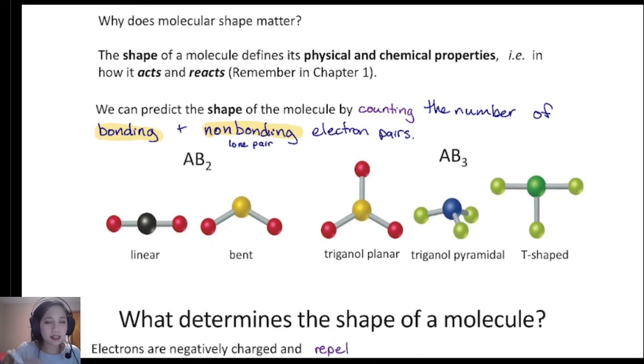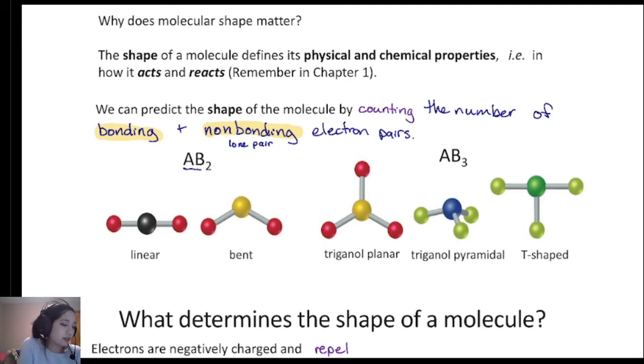So here are some examples of different molecules. The first example I have here is a molecule with a formula of AB2. This could be CO2 or SO2, or H2O would also fit this formula. So there are different molecules with the formula type AB2.